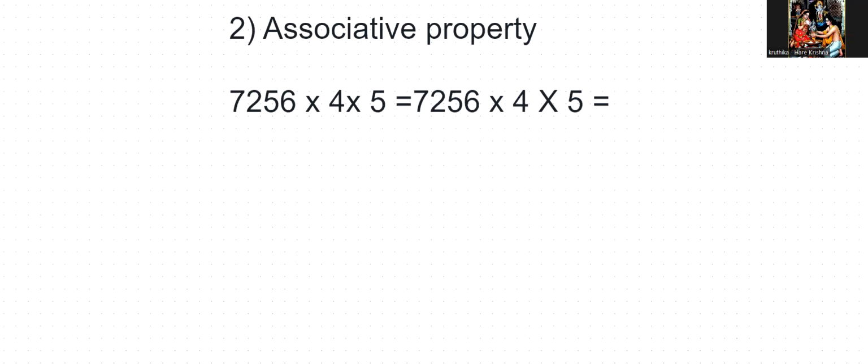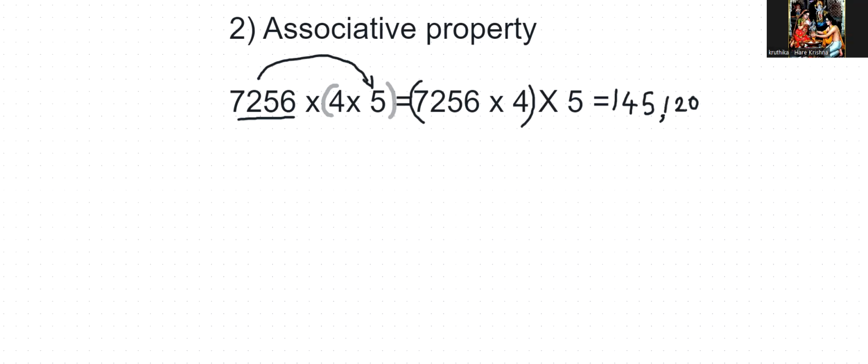First, you can multiply 4 and 5, then you can multiply that with 7,256, or you can group 7,256 together, then multiply with 5, or you can combine 7,256 with 5 and then multiply it with 4. You will end up in the same answer, which is going to be 1,45,120.